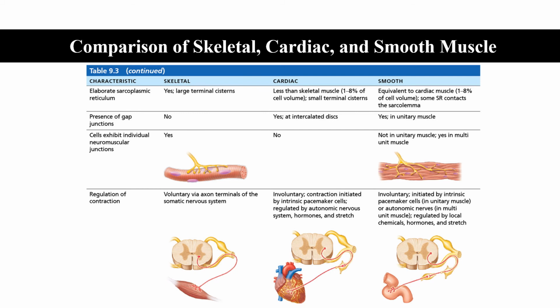We did mention that there are no gap junctions in skeletal muscle. There are in cardiac muscles, and these are at the intercalated discs. Intercalated discs are very important. You must know these about cardiac cells because this is one of the defining characteristics that you can use to distinguish which muscle histology is the cardiac one.